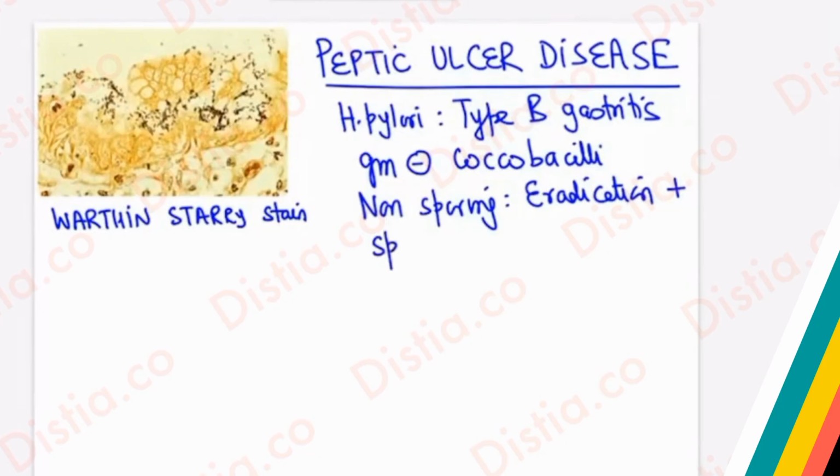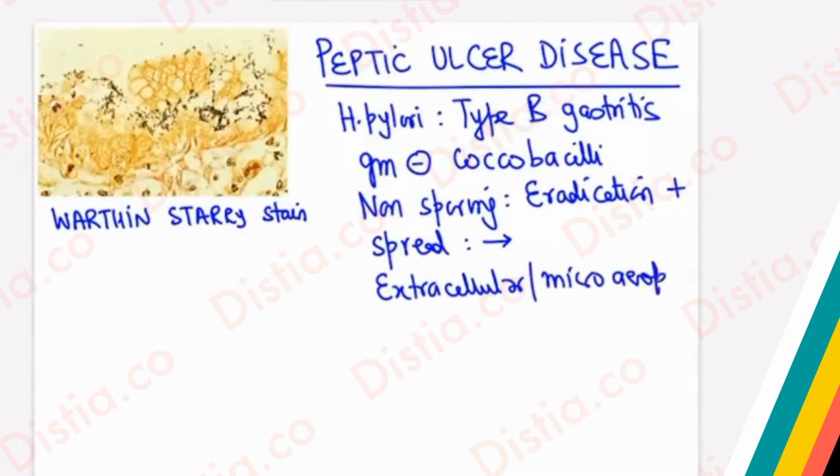A question that I usually find people tending to not answer correctly is the route of spread. So I just put up that question to you guys. This extracellular microaerophilic bacteria, this is having less requirement of oxygen. It can survive in the stomach environment, which will not be obviously rich in oxygen, or will be having, I would say, paucity of oxygen.